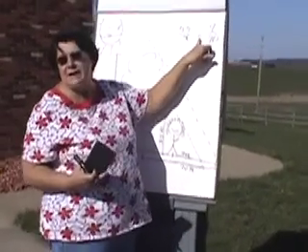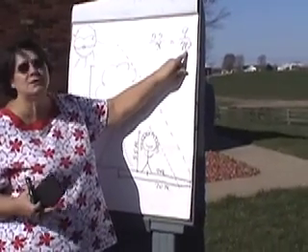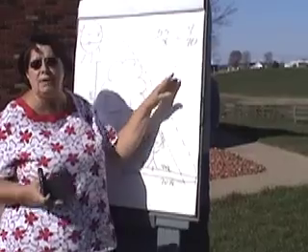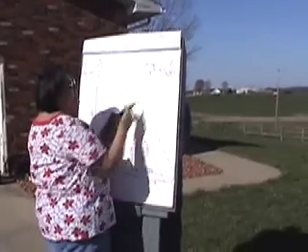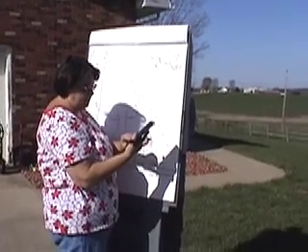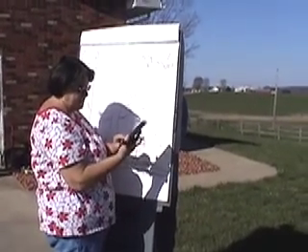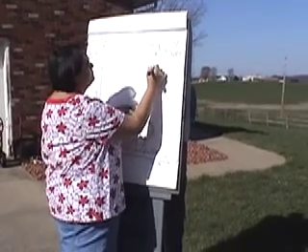5.5 is to X as 9, which is the length of my shadow, is to 70, which is the length of the shadow of the tree. I'm going to cross multiply. 5.5 times 70 equals 385.